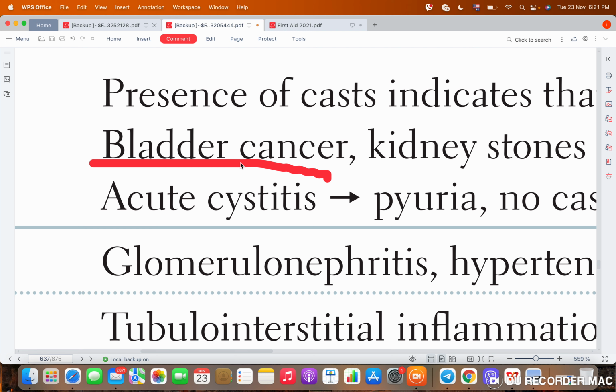After. It's true that it will be bleeding. Bladder cancer bleeds, but will it have a cast, an RBC cast? It will not. Why? Because it's after the kidney, and the casts normally are formed inside of the tubules.